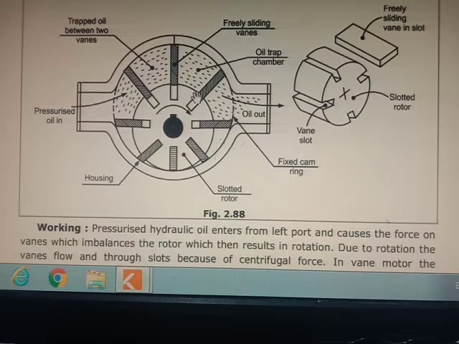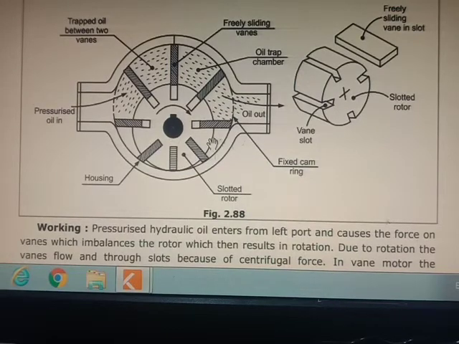This rotor has slots, and in these slots the vanes are provided, with springs here. As you know, these vanes will always be pressed by the spring force. And this central rotor is not concentric with the housing, it is eccentric, offset by some distance, and that's why it will rotate.